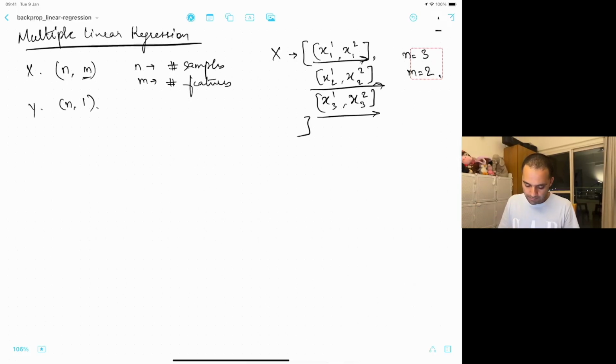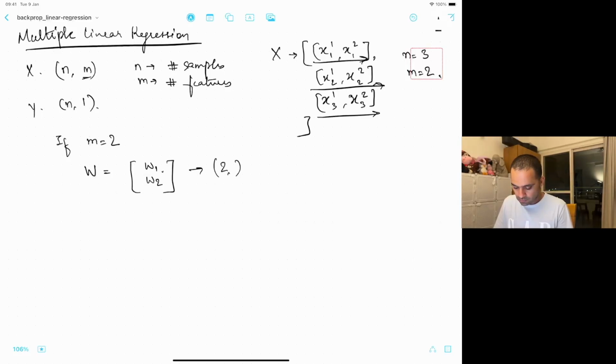So in this case, if m is equal to 2, we define our W, capital W, as a vector of w1 and w2. It would be a vector of two numbers, w1 and w2. Now the shape of this is 2 by 1, or simply 2, and b, the bias, would again be a scalar.